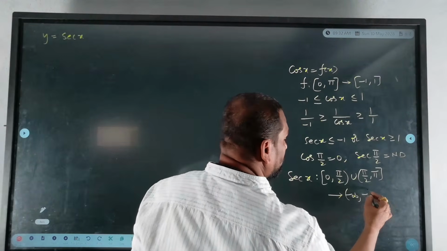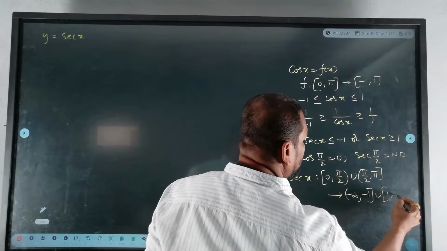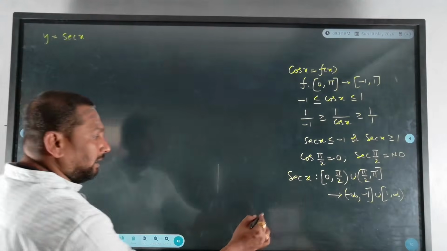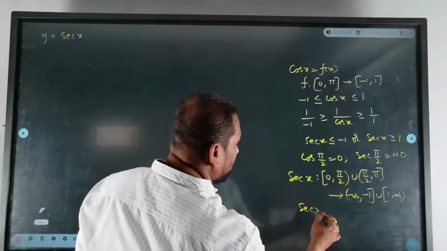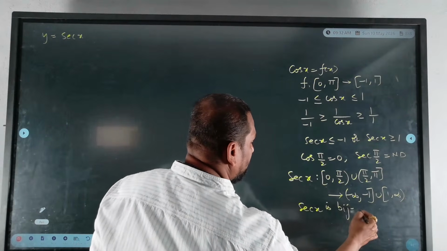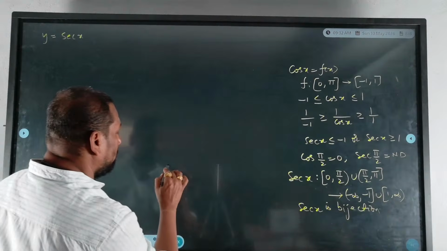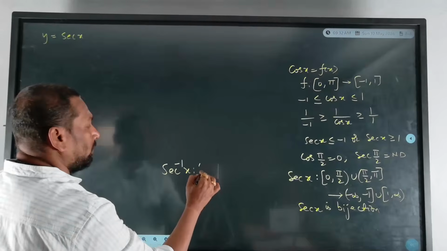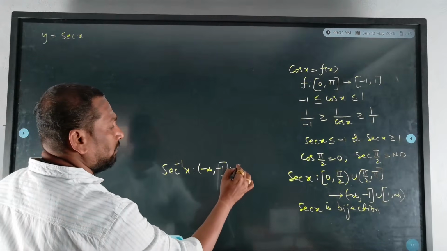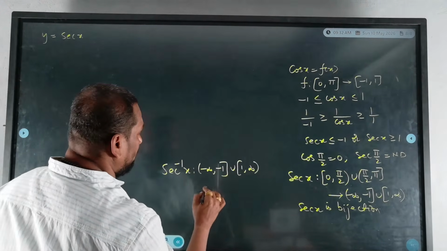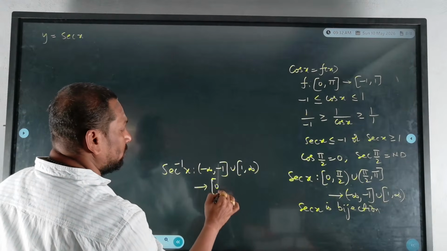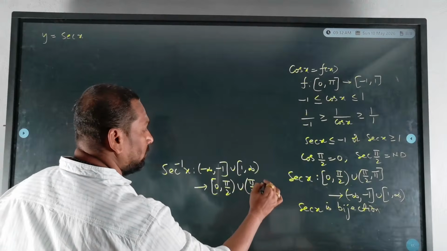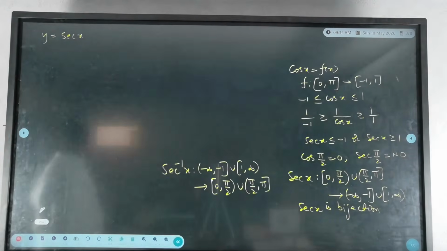From minus infinity to minus 1 closed union closed 1 to infinity. That is the range. So in this secant x is bijection. Therefore secant inverse x maps from minus infinity to minus 1 union 1 to infinity to closed 0 to open pi by 2 union open pi by 2 to closed pi. That is about secant inverse x. Right.